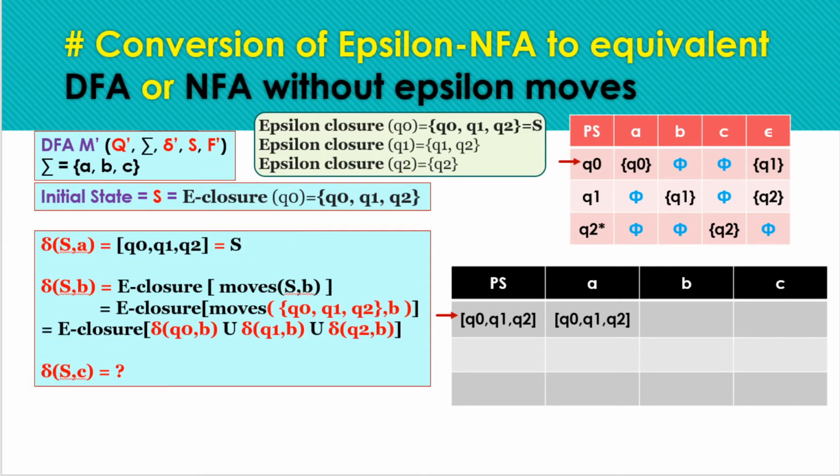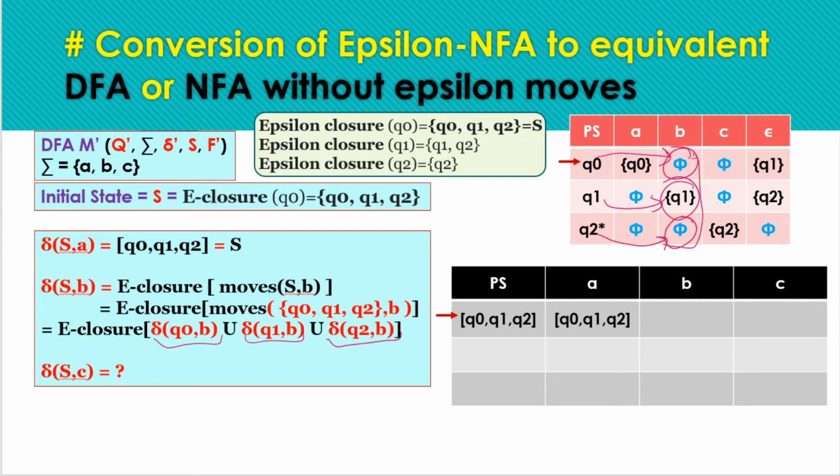Now performing union of Q0 for input symbol B, Q1 for input symbol B and Q2 for input symbol B. After the union, from Q0 for input symbol B we have no move, from Q1 for input symbol B we have Q1, and from Q2 we have no move.